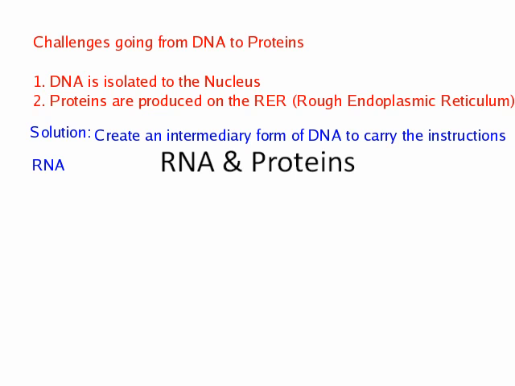So RNA is that intermediary form that is going to be created from the DNA, carry the instructions of the DNA across the nuclear membrane, and deliver it to the site where protein synthesis is going to be happening. Again, protein synthesis.